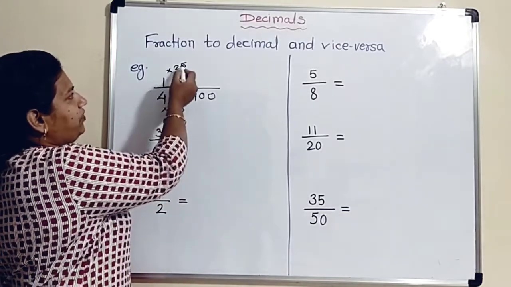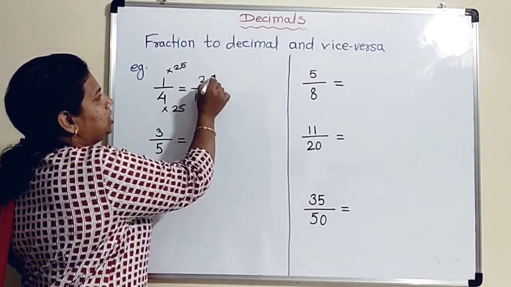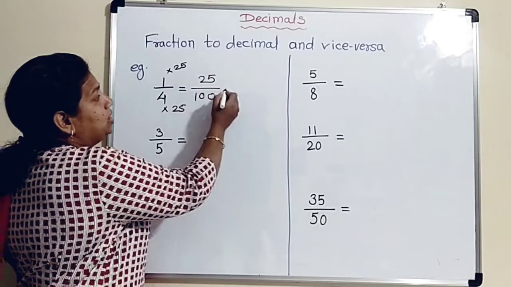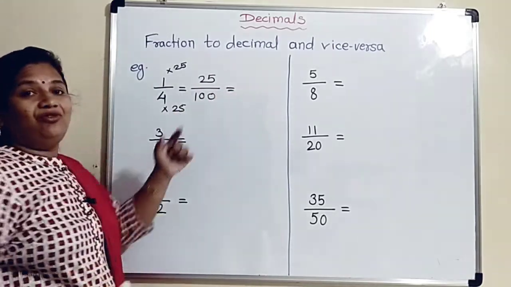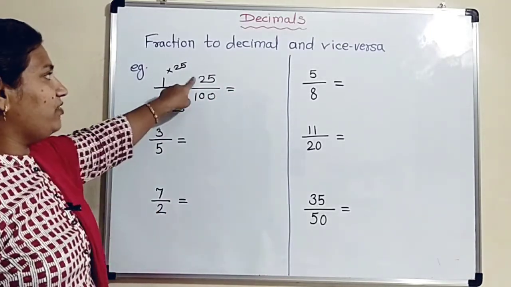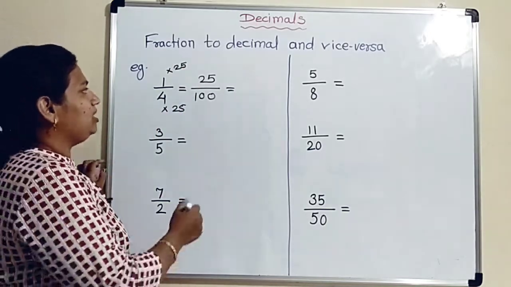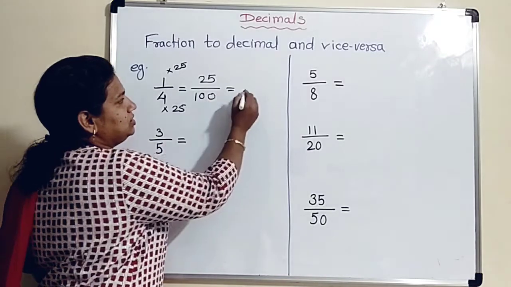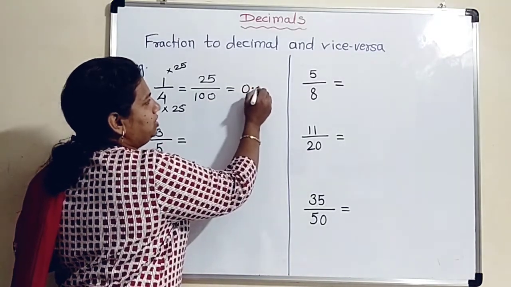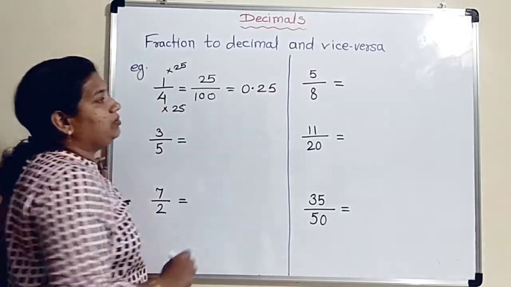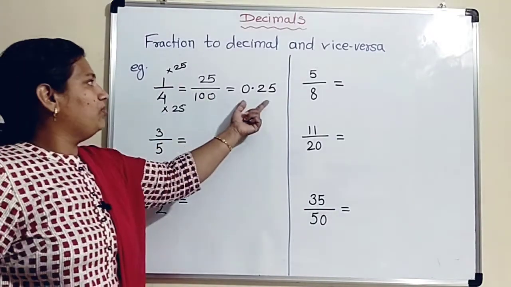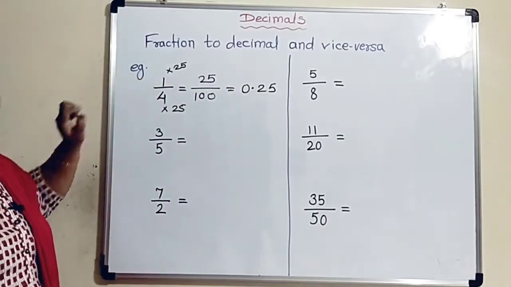So 25 into 1 will be 25. Now this is what we have learned in our previous part, 25 by 100. We all know now how to write it in decimal form. There are two zeros, so 0.25 will be the decimal form of this 1/4.